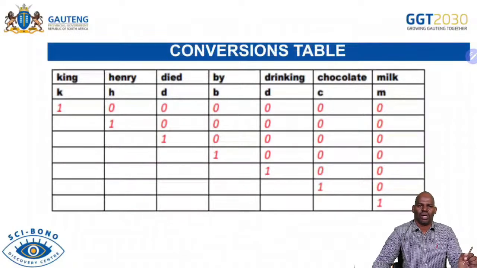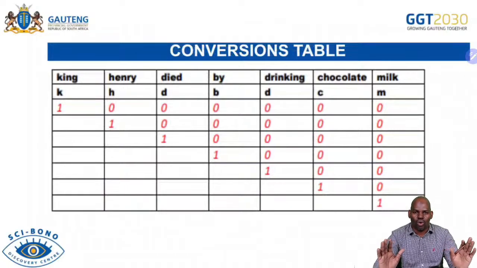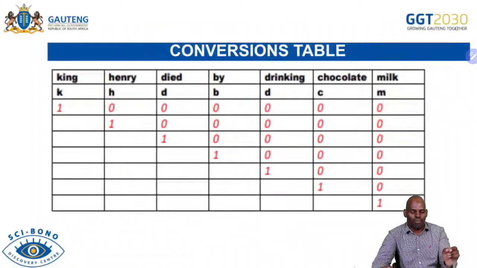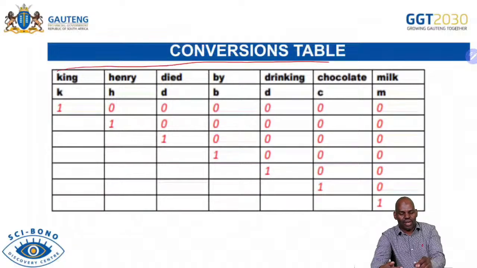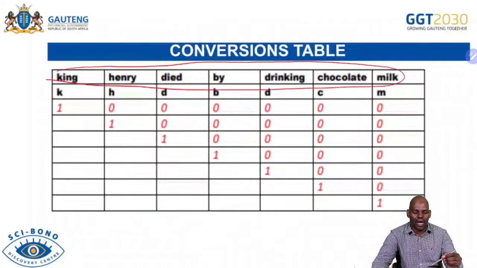Now, with regard to conversion, I think your teachers at school have explained a way to remember how to convert between the metric units. One of the most common ones is King Henry Died By Drinking Chocolate Milk.